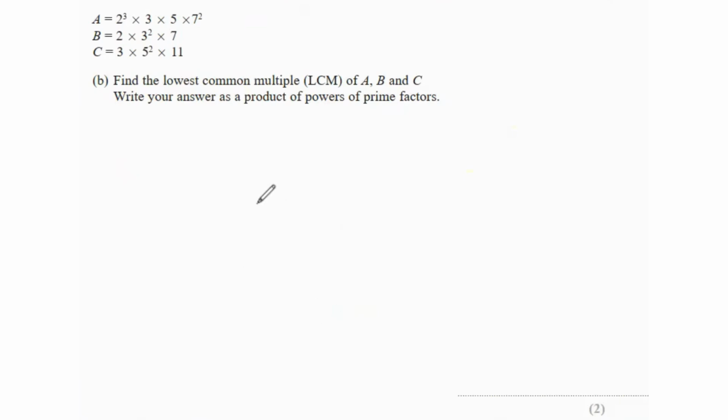So what we will do now is, like we've discussed before, for the lowest common multiple, we take all of the numbers. So all of the numbers are 2, then we have a 3, then we have a 5, we have a 7, and we have an 11. Now we talk about the highest powers for each number. For 2, the highest power is 3. It's going to be 2 cubed.